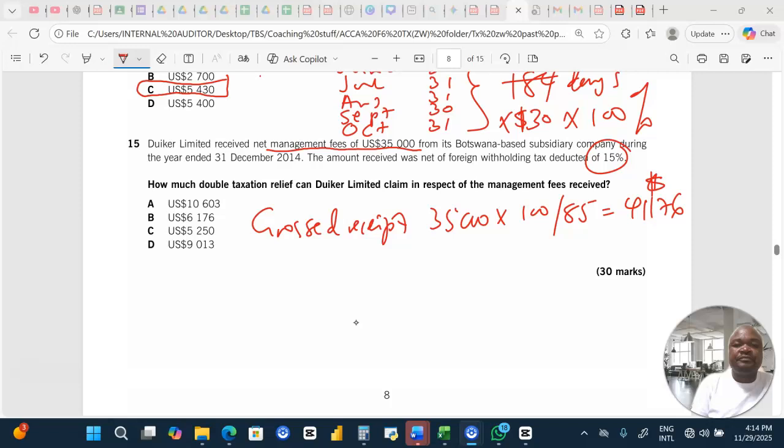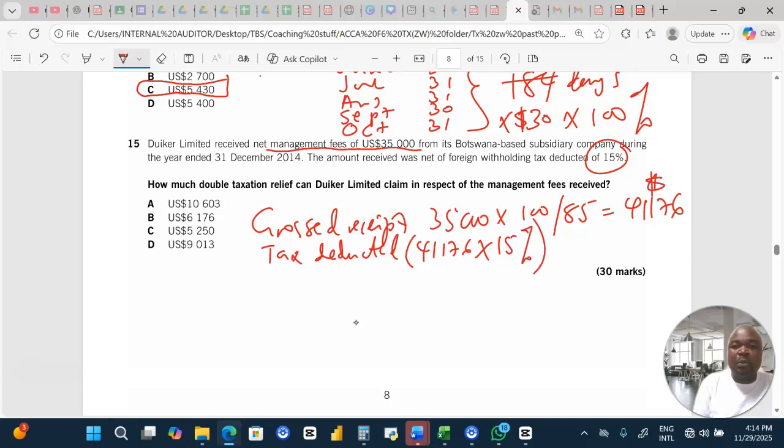So the tax deducted there was 41,176 multiplied by the tax rate in Botswana, which was 15%.